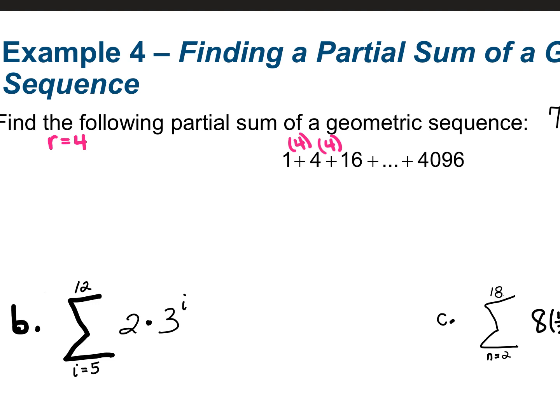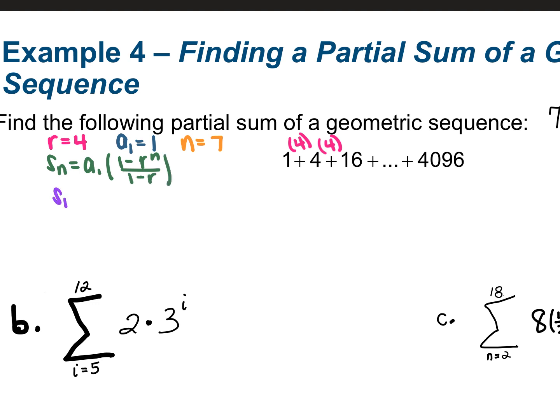Your first term, a sub 1, is 1. You have to find n, which it gives to you in this case. So n is 7, because it tells us 7 terms in the sequence. We're going to use our formula, S sub n is equal to a sub 1 times 1 minus r to the power of n over 1 minus r.